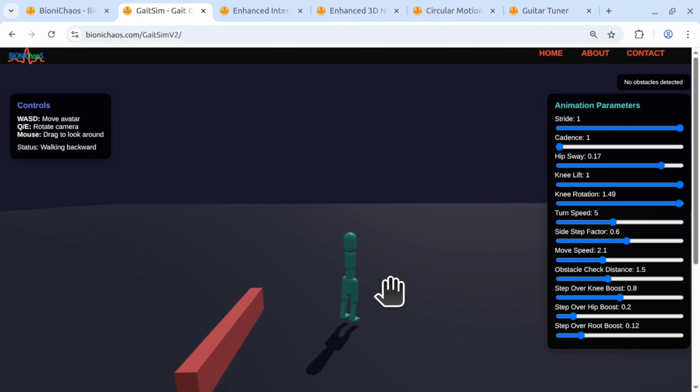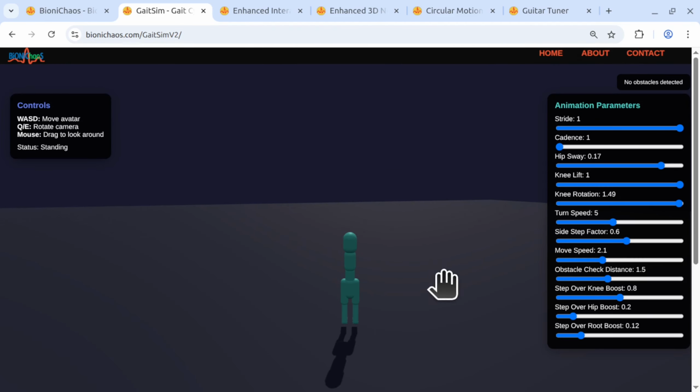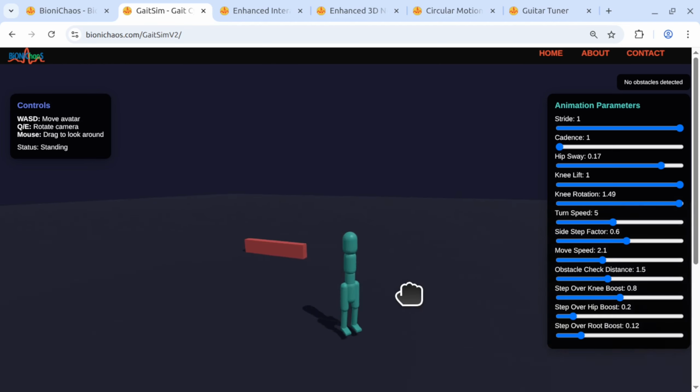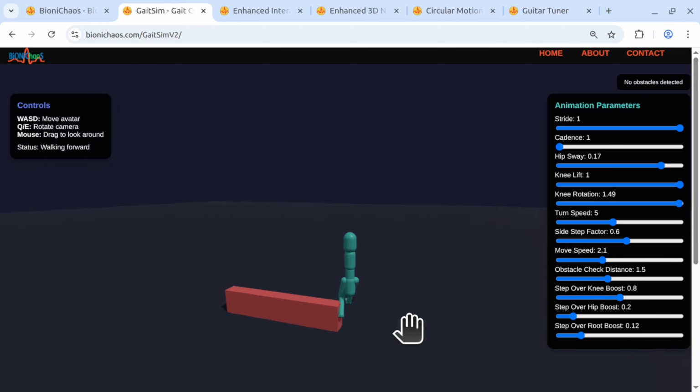It's meant to actually walk, like step over, not jump. You would expect to press the space for jump. That wouldn't work. And to be able to walk over, I think you actually have to increase what's called the step over root boost.